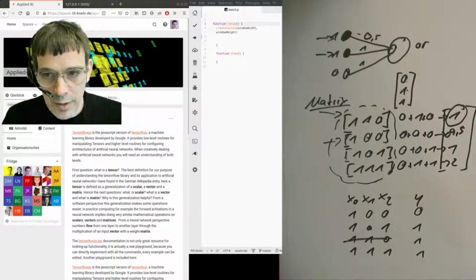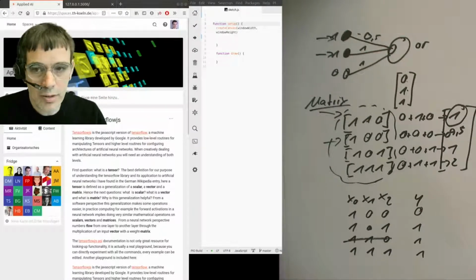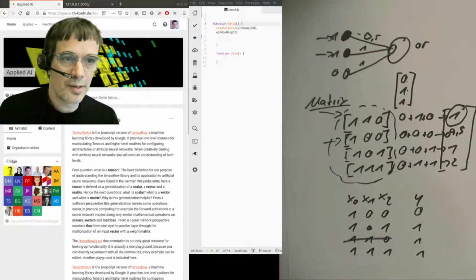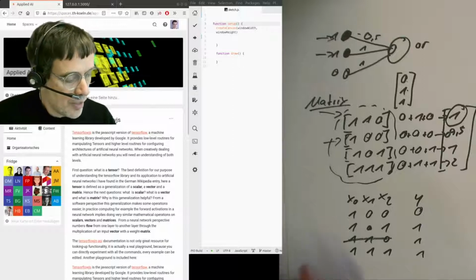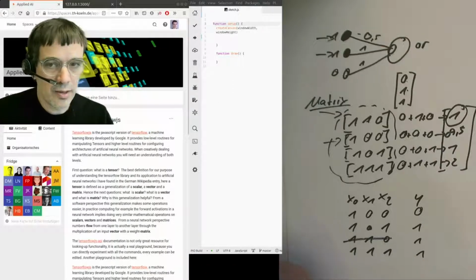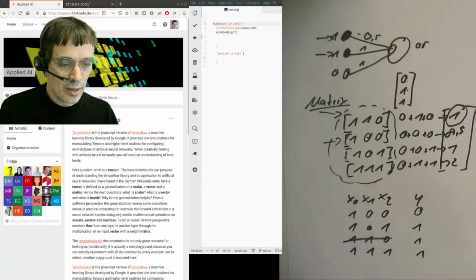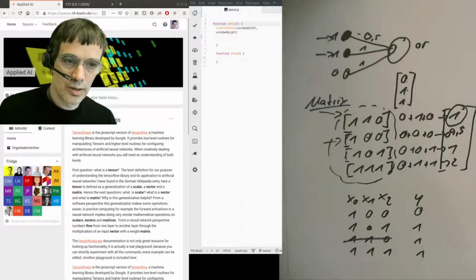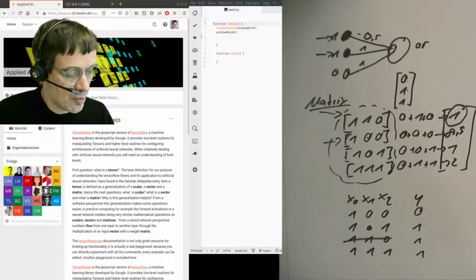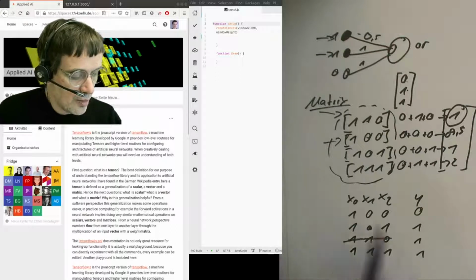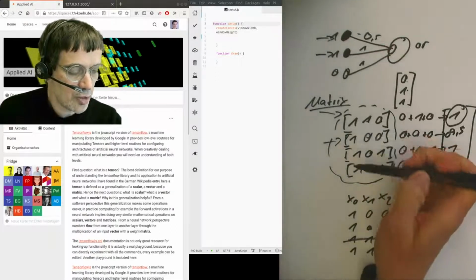And in a way, you also might get already an intuition why it makes sense to combine these 3 terms, a scalar, a vector, and a matrix, into one structure, which is called a tensor, because it is only a matter in which direction I extend those.